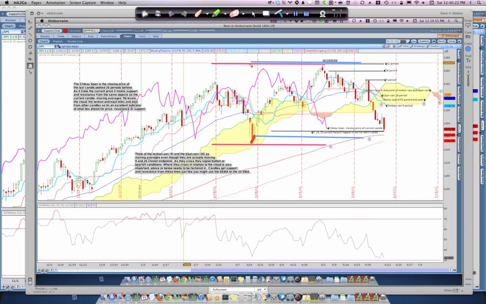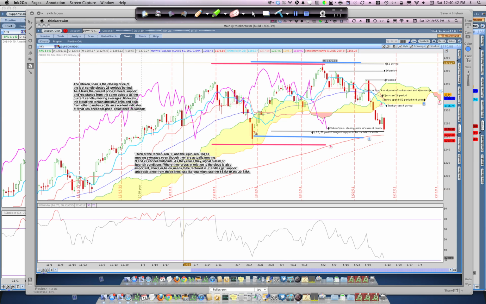Because now we're not taking these candles into consideration anymore. Our new 52 window goes from here to here. And we formed a different channel.